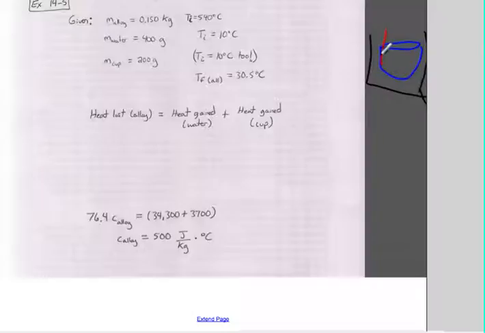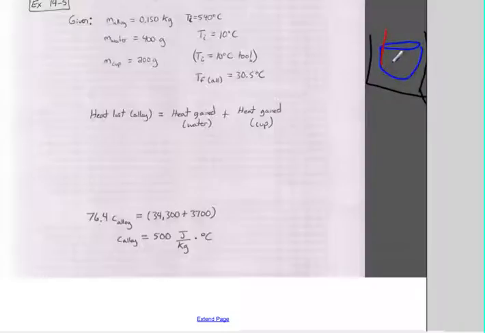The idea here is to figure out the specific heat of a substance. You put your substance in there, and the heat lost by that substance will be gained by the water, and then you just measure that change. So it's kind of like this last problem.